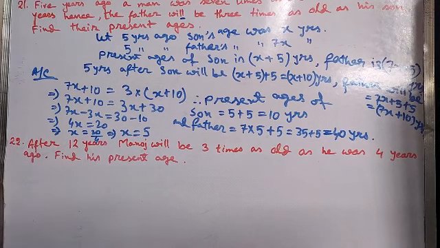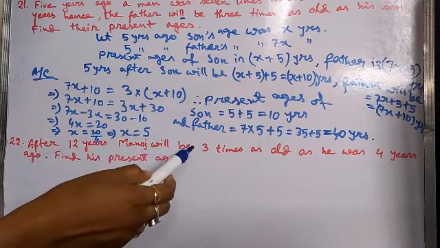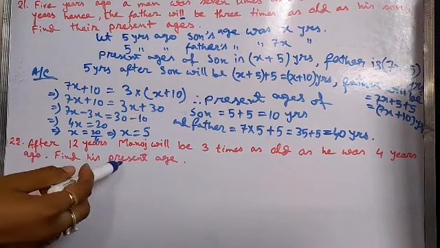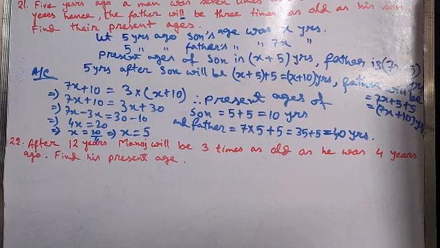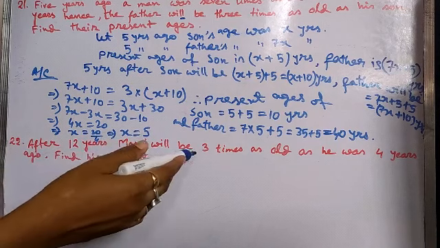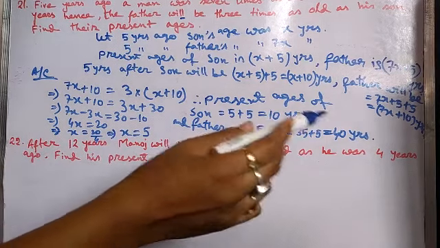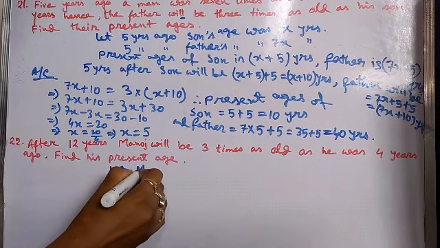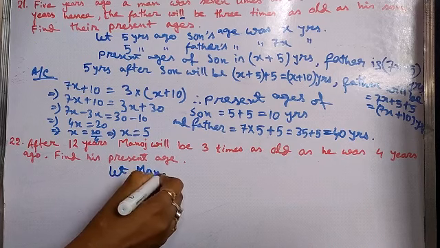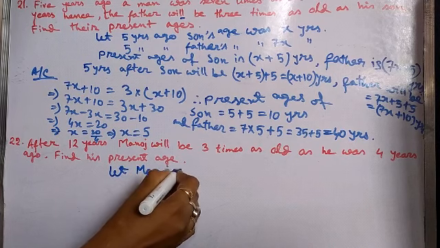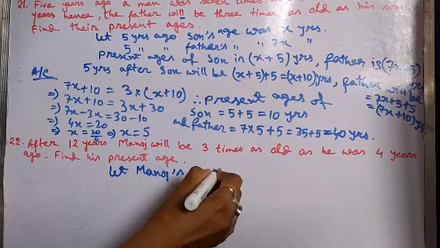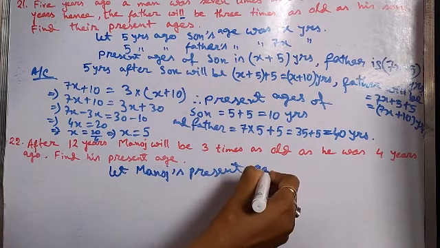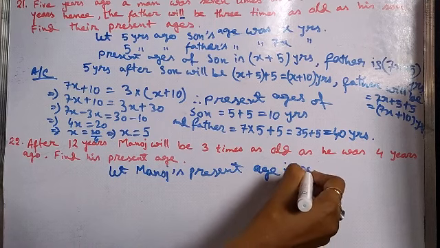Now 22. After 12 years, Manoj will be 3 times as old as he was 4 years ago. Find his present age. So let Manoj's present age be x years.